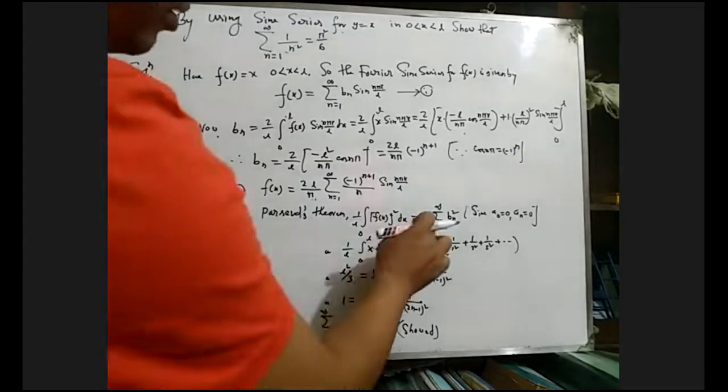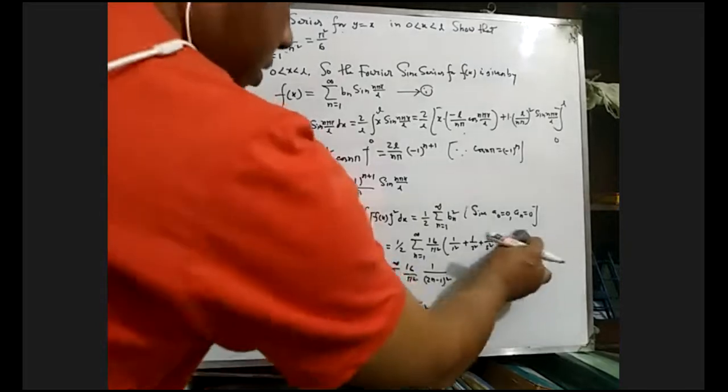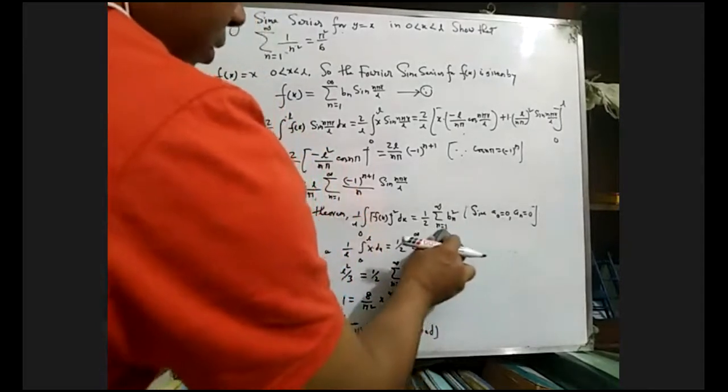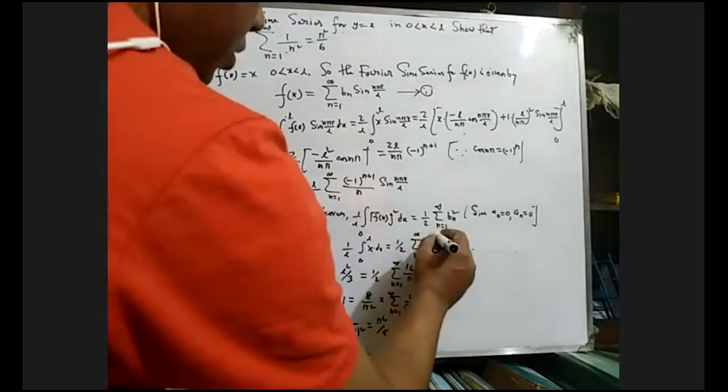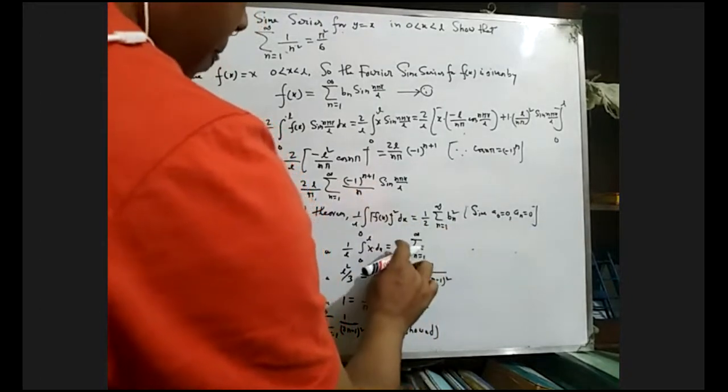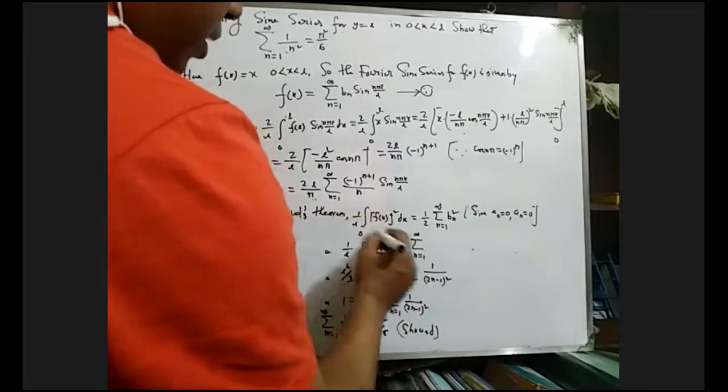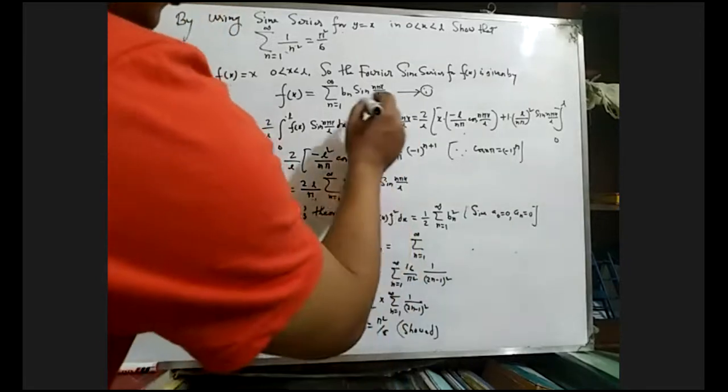And b n square equals, putting these values, twice L by pi, the 2 will be cancelled.